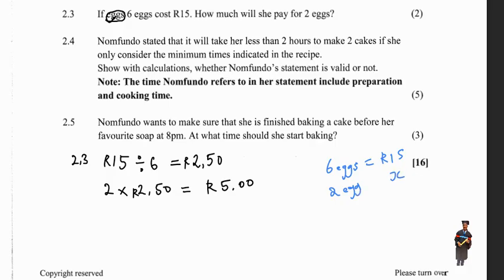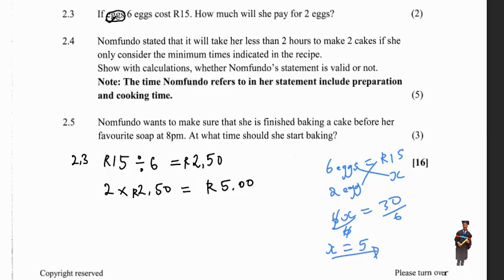Because you don't know the price yet, you write x, and you cross multiply. 6 multiplied by x is 6x, and then 2 multiplied by 15 is 30, and then divide by 6. So this 6 cancels, and x is equal to 30 divided by 6, which is 5.